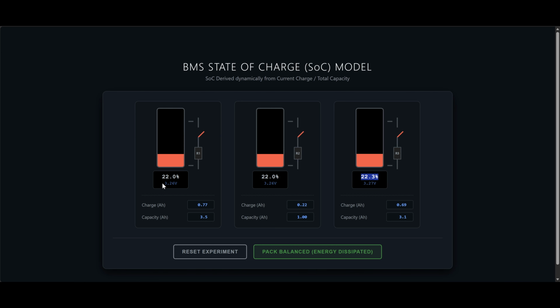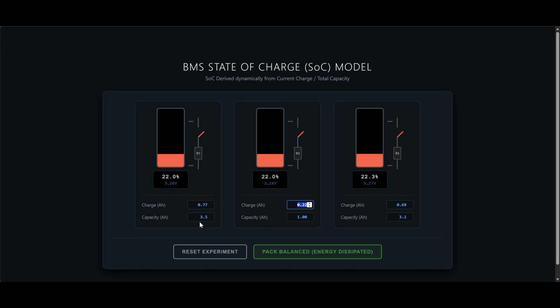Okay, and if you see the voltage also, these are almost the same, right? So when you do balancing, in that case you usually consider these two quantities only, not the charge that is there inside the cell.